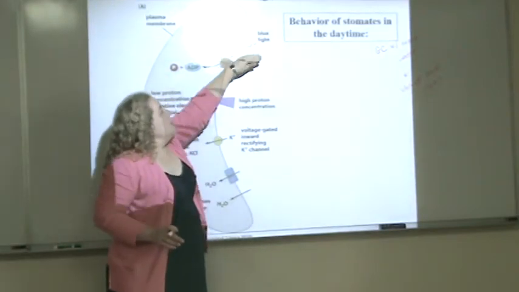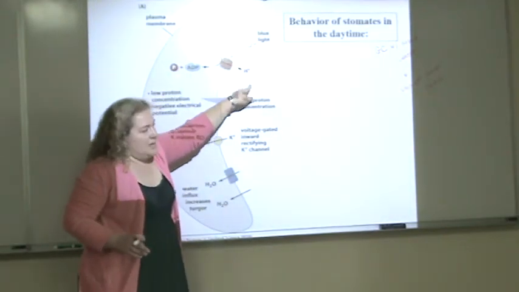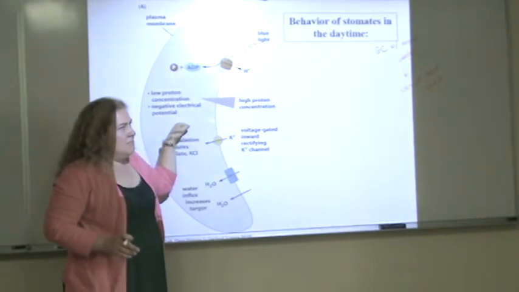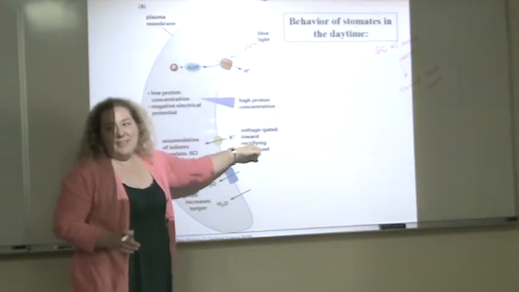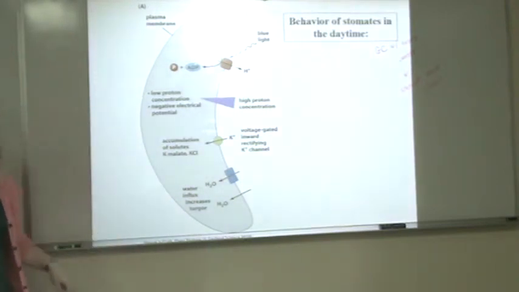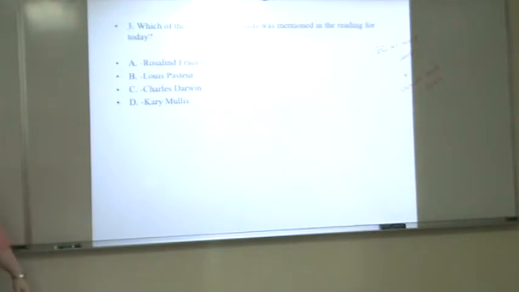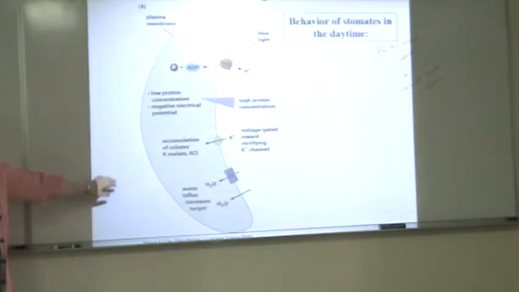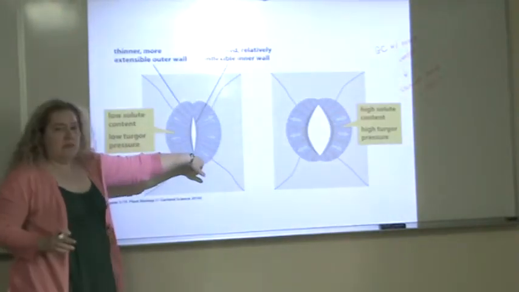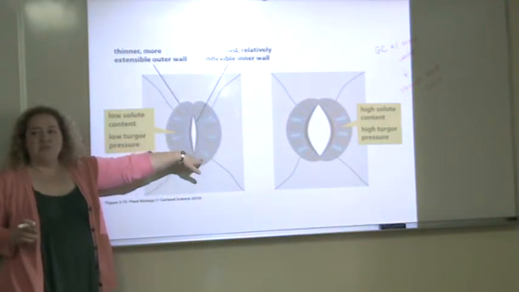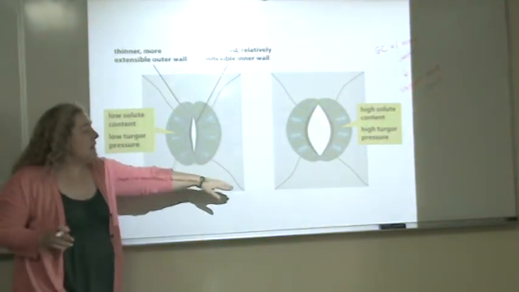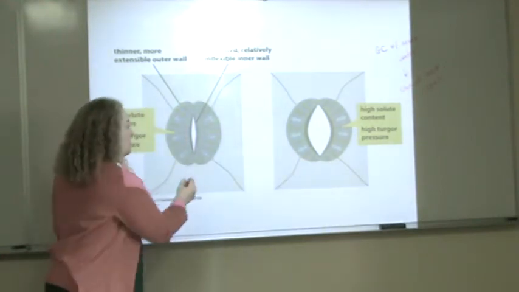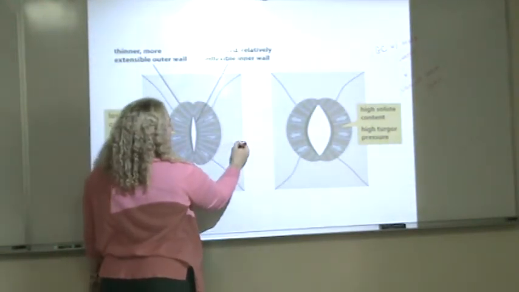So no light, fewer protons pumped out, fewer solutes come in, less water comes in. And that would cause stomates to return to this configuration. So this ought to be at night, this ought to be in the day. Maybe make a note of that.